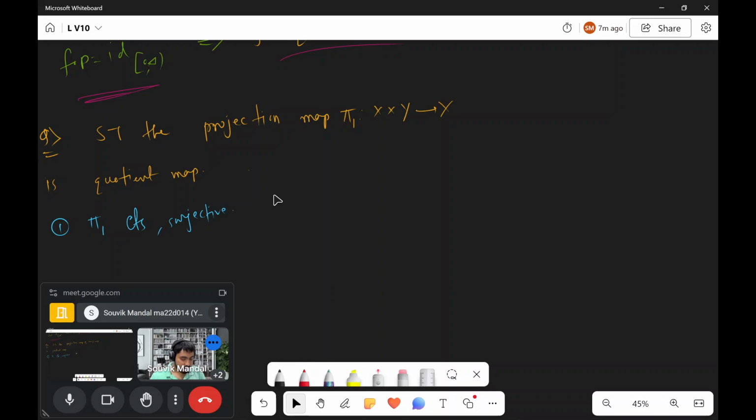Now, if pi 1 is an open map, then we can say that pi 1 is a quotient. Why? Since pi 1 is continuous and surjective, if pi 1 is an open map, then pi 1 is a quotient. Okay.